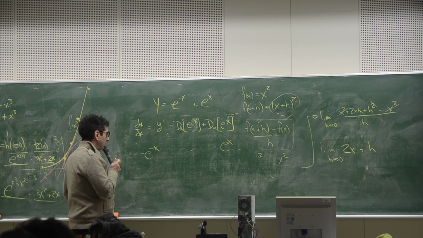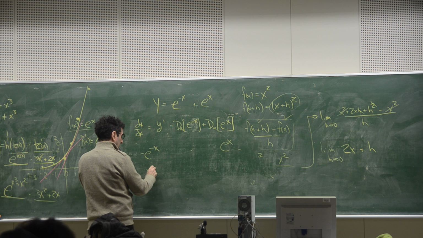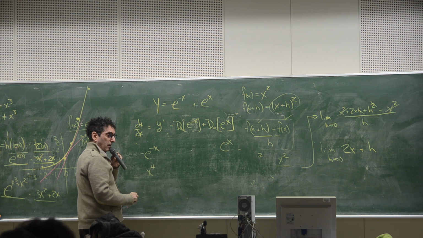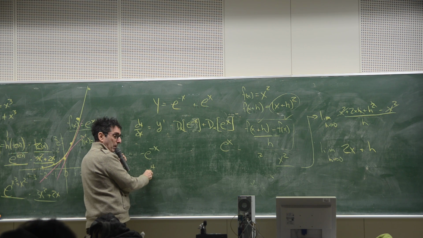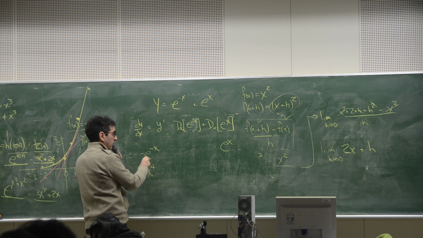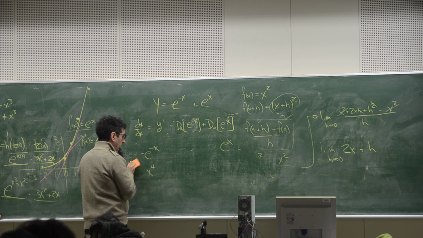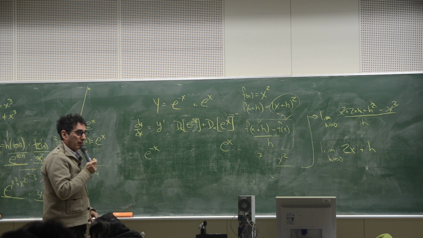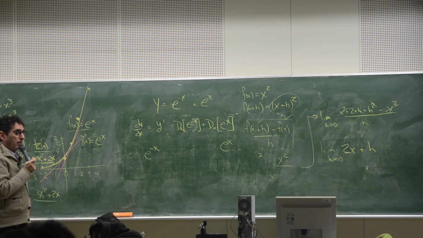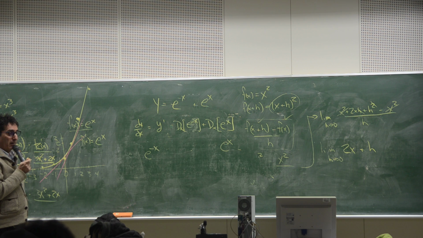This is not the same as something like this. The x is in the exponent here. The x is in the base here. These are not the same functions. So we don't have any rule for the derivative of this. The only rule we have here is the chain rule, again.